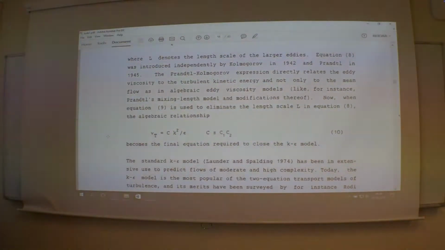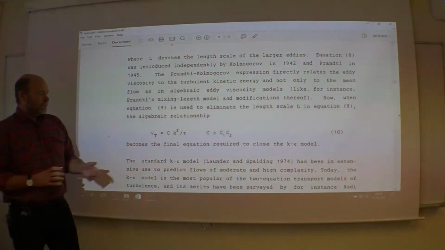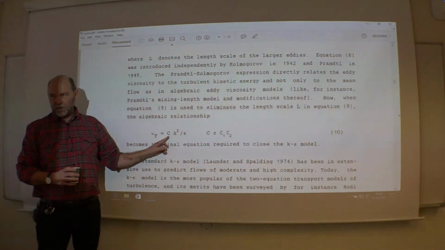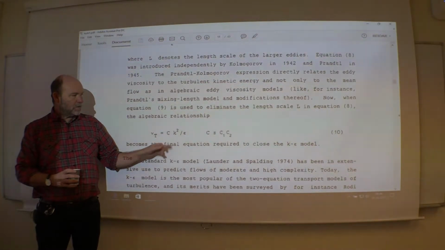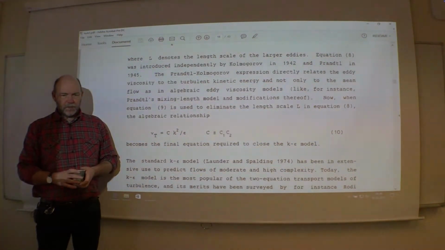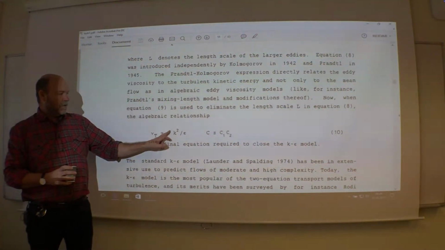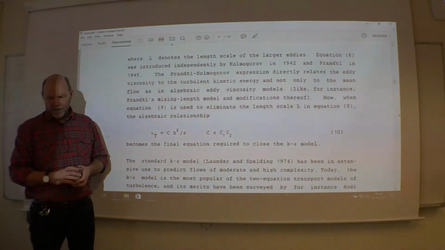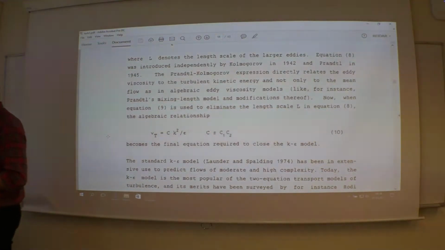So that means for a given problem, you sort of have a standard set of these constants. They have to be, of course, found by numerics. So a little bit depending on your problem, you have to find a proper value of these coefficients. But I think it's only two in the standard K epsilon model.